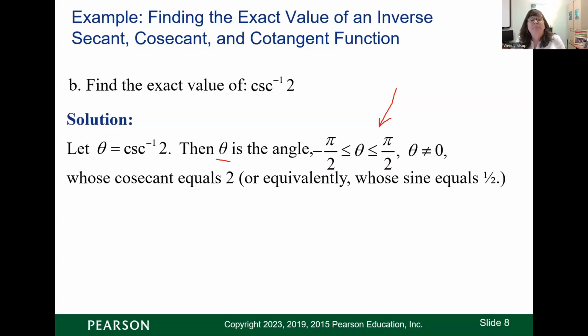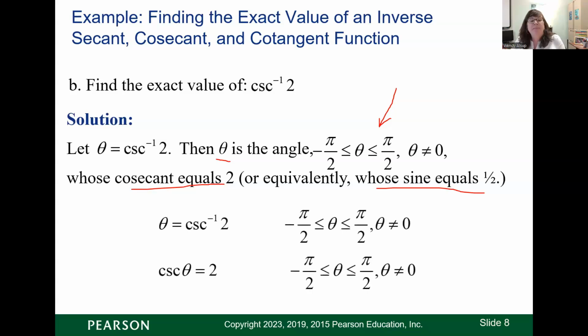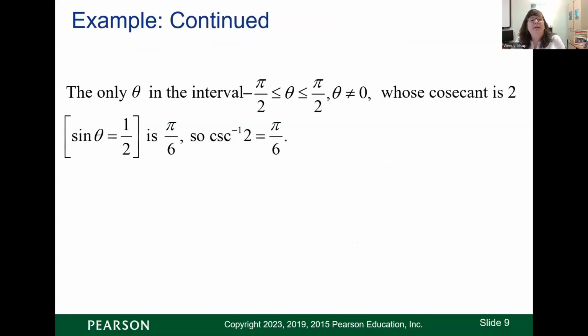And so we want something in between there whose cosecant equals 2, or the reciprocal, whose sine equals 1/2. The only theta in that interval whose cosecant is going to be positive 2 would be pi over 6. And again, you can look on your handy dandy cheat sheet here.